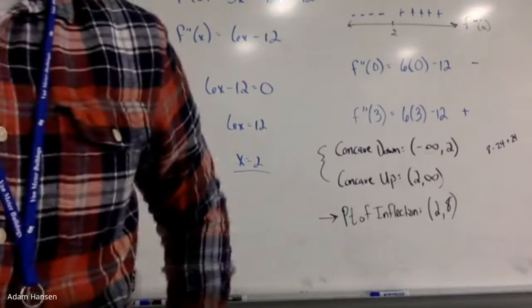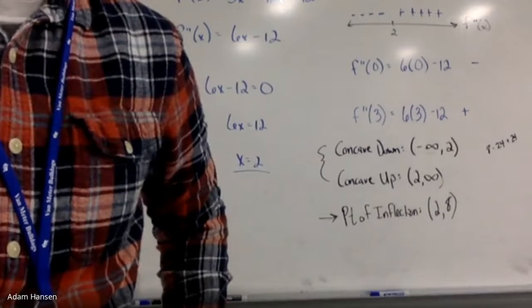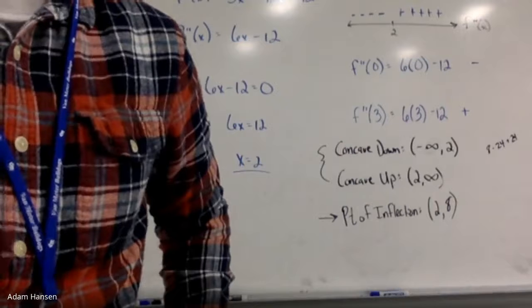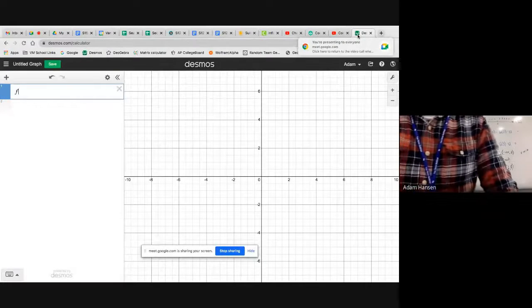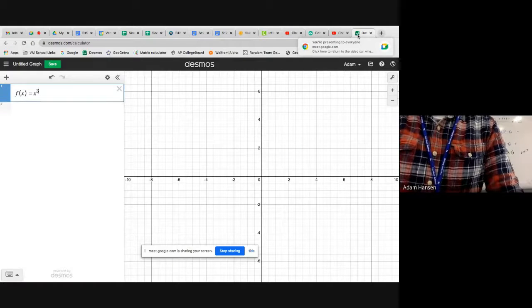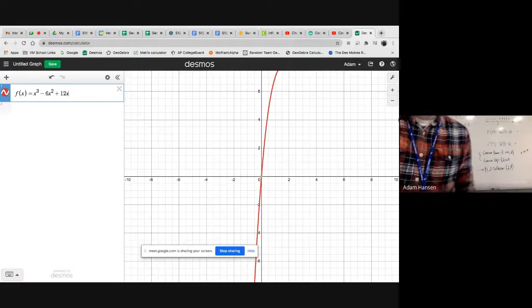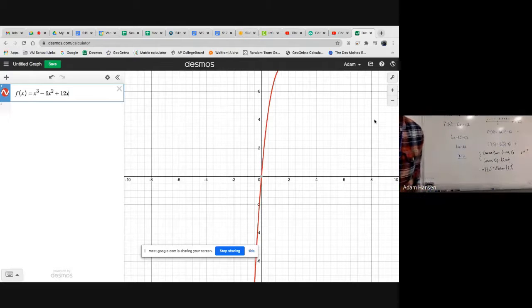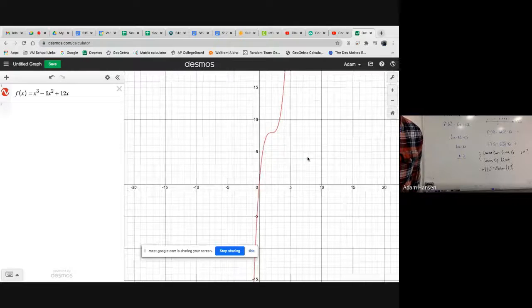Now, since we're talking about a graph of a function, it's always a good idea to look at the graph on some graphing utility and confirm our answer. All right, so I've got x cubed minus 6x squared plus 12x. There's the graph of our function.